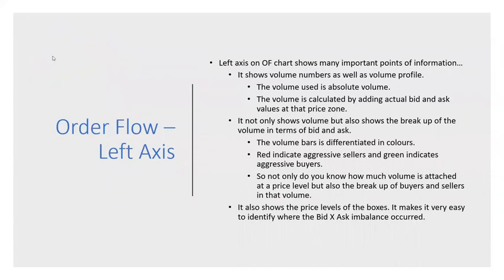Then it also shows the price levels of boxes. Not only are you seeing all this volume information, there is also an option to plot the price on the left hand axis. So you don't have to go from the left side to the right side of the chart to see at what price it was trading.